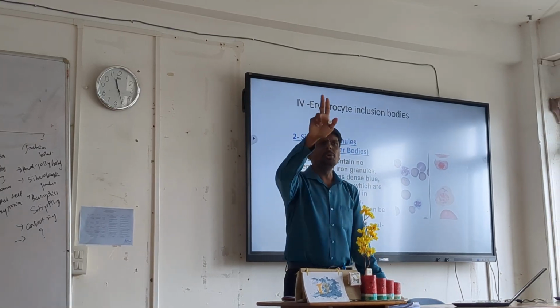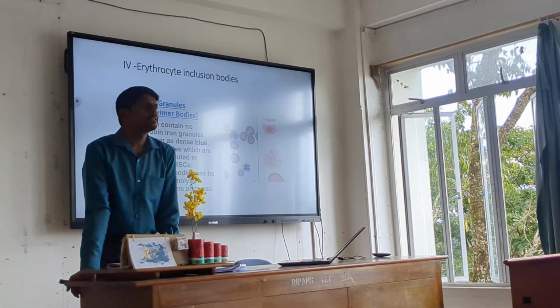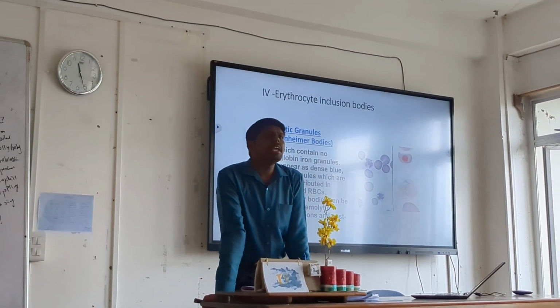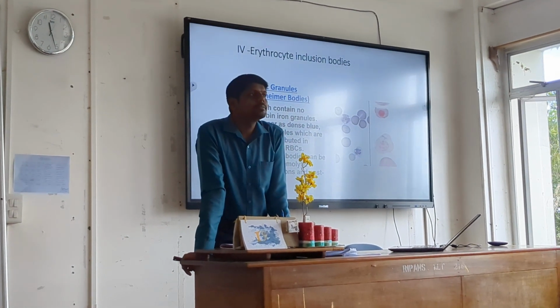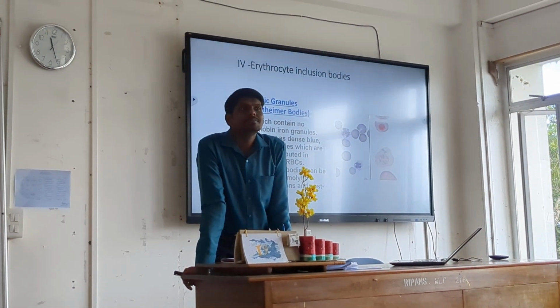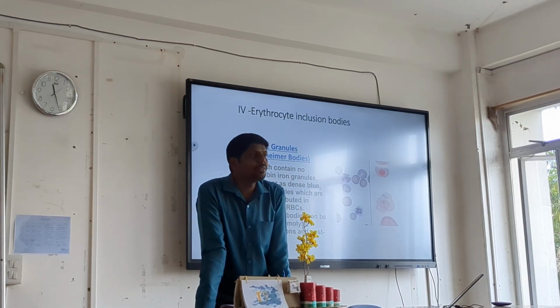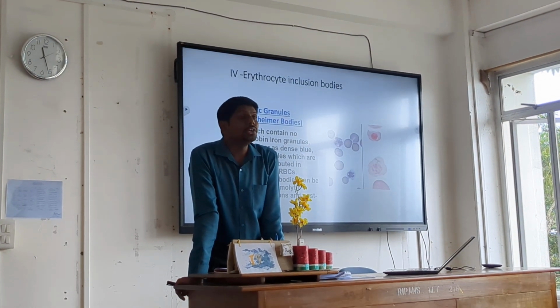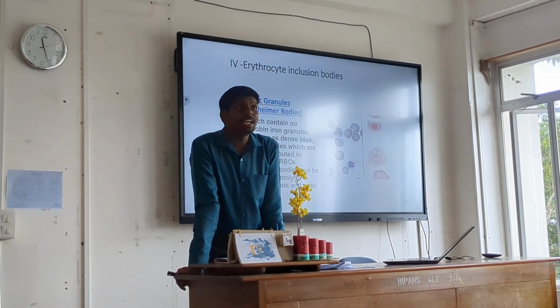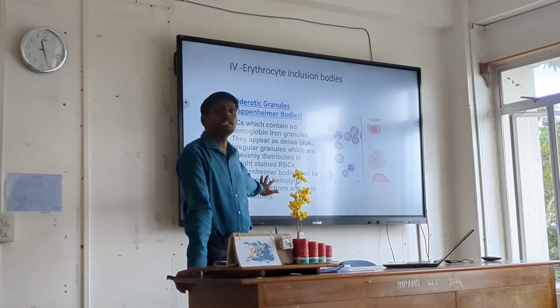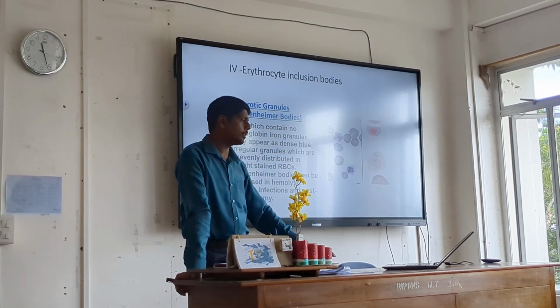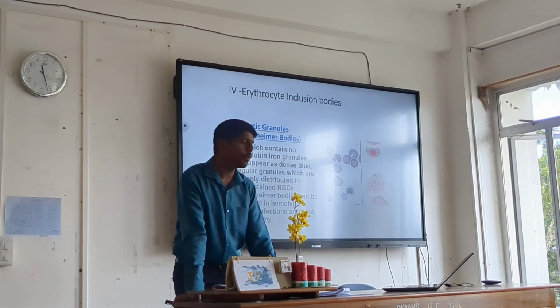Can you give any two blood infection examples? Malaria. One more. Any more blood infection? Do you know the viral dengue fever? In such blood infections, we will see these sideroblastic granules, or Pappenheimer bodies.